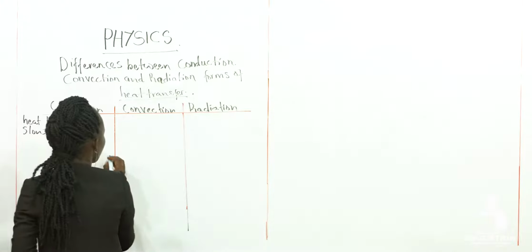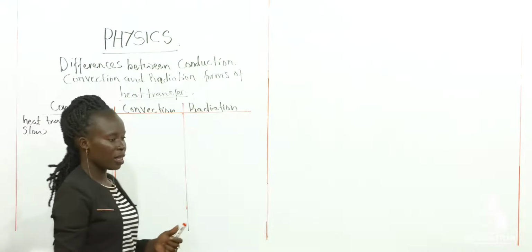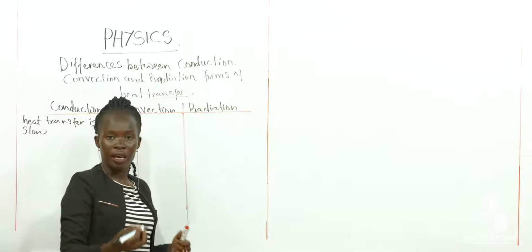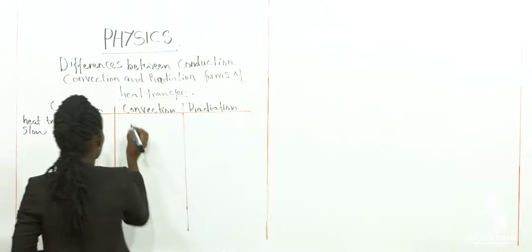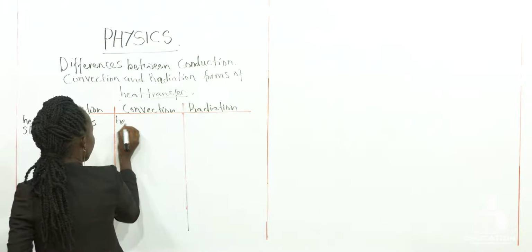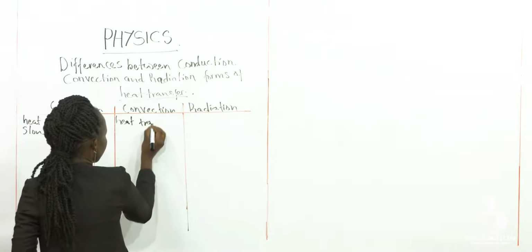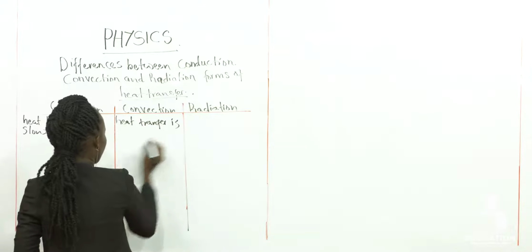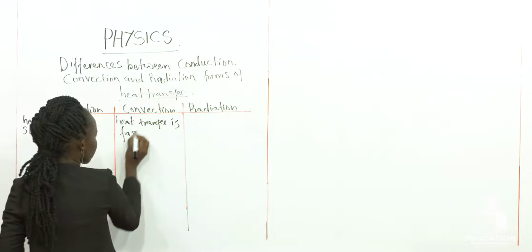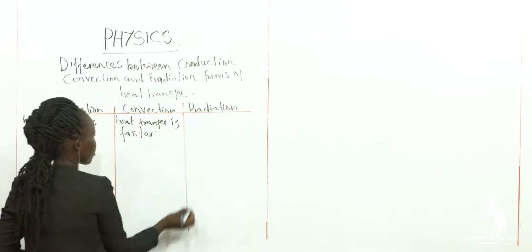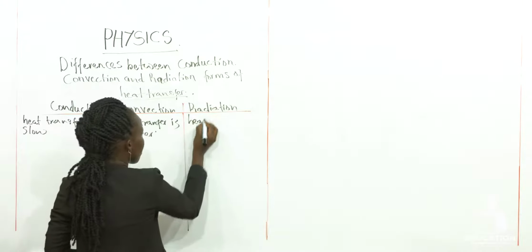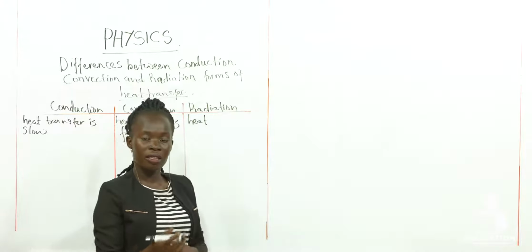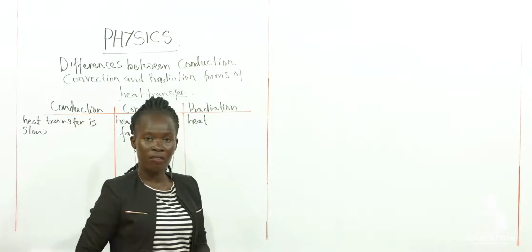If you come to convection, because these molecules can at least move randomly, it is fast. So we shall say the heat transfer is faster. Then we have radiation. Since it is moving in a vacuum, we said it is taking the speed of light.